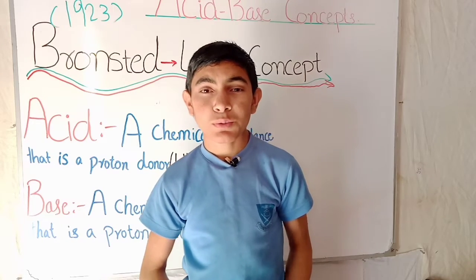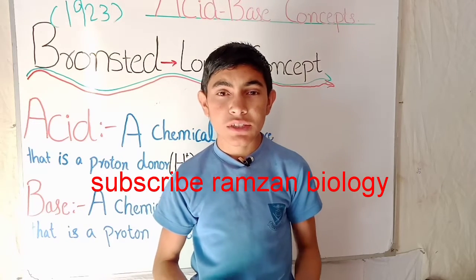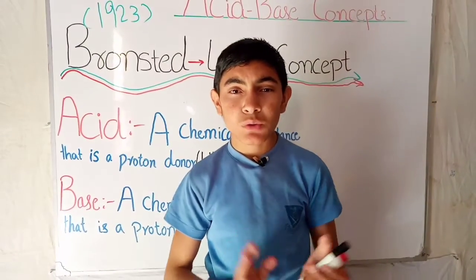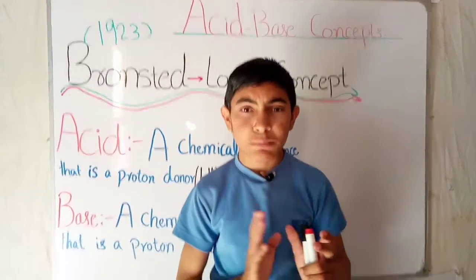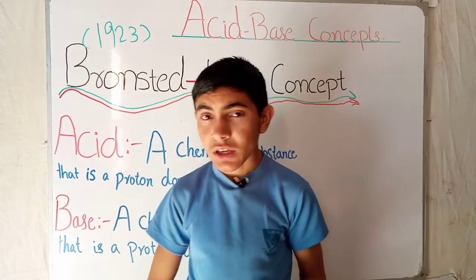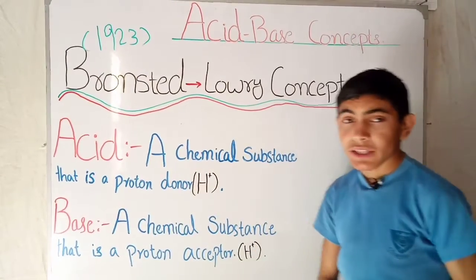Students, today we'll explore the study of acids and bases through two other concepts. In a previous lecture we studied the Arrhenius concept of acids and bases. Today we'll talk about the next concepts, which are the Bronsted-Lowry concept and the Lewis concept.